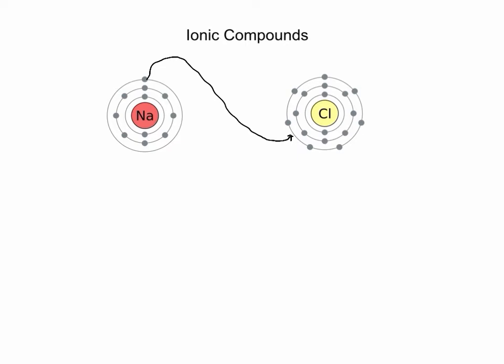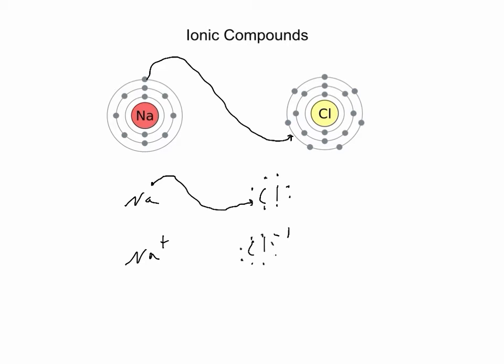So to represent this in a simpler way, sodium has 1 valence electron, chlorine has 7. Sodium will donate its electron to the chlorine, leaving us with a positively charged sodium and a negatively charged chlorine.